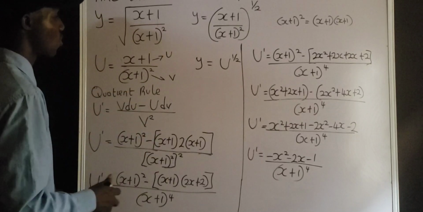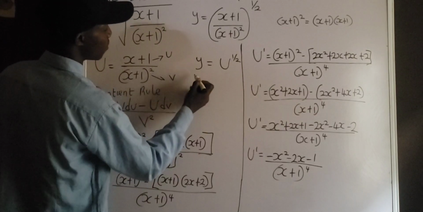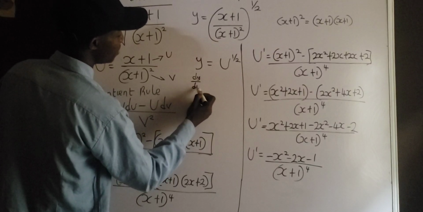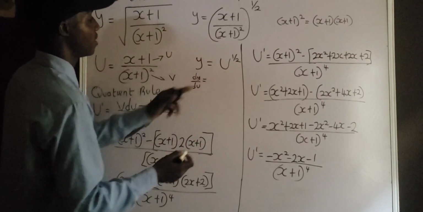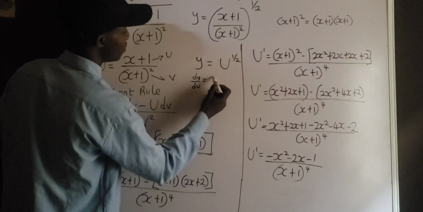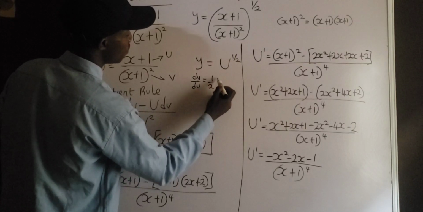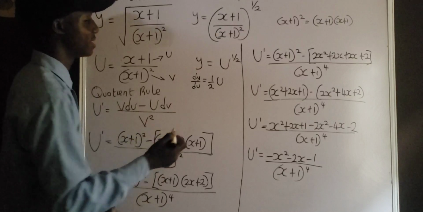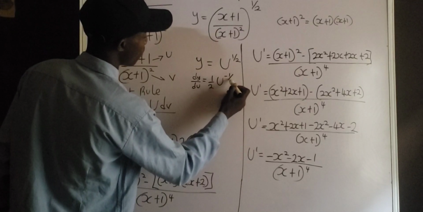So let's take the derivative of the outer function. That is dy over du equals what? Multiply using the power rule. I'm going to have 1 over 2 u raised to the power of 1 over 2 minus 1. That is minus 1 over 2.